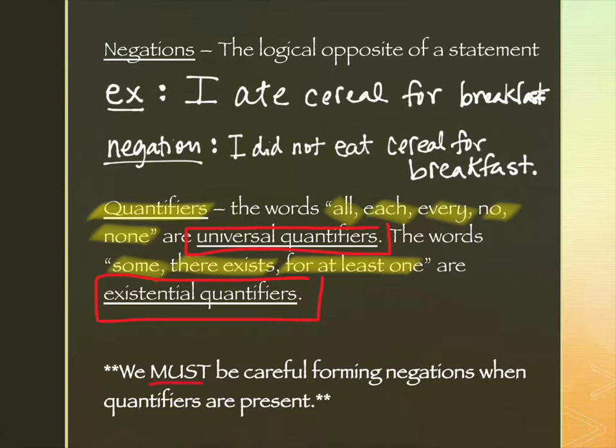And that's the warning down here, that you must be careful when you're forming negations with quantifiers. In particular, negations of quantifier statements change the quantifier. So if I have a quantifier like the word all, like saying, I always make my bed. What does it take for it to be false?